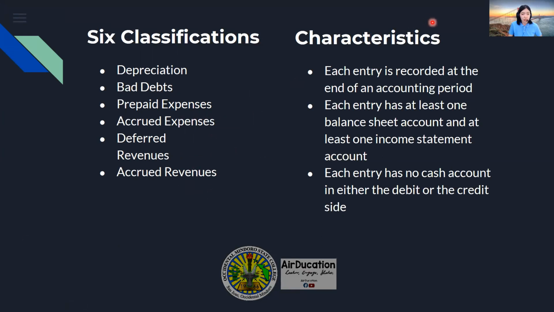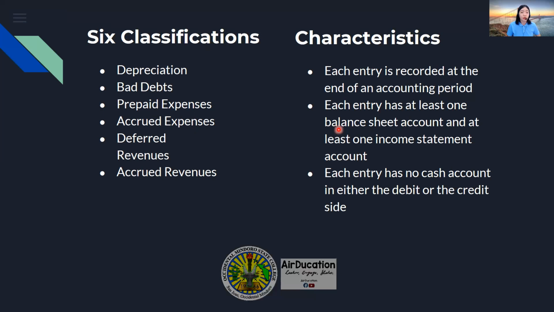For the characteristics of adjusting, we have this. First, each entry is recorded at the end of an accounting period. Again, every end of the accounting period. Each entry has at least one balance sheet account and at least one income statement account. I already gave you a tip on the components of the income statement from the trial balance and the components of the balance sheet, again from the trial balance.